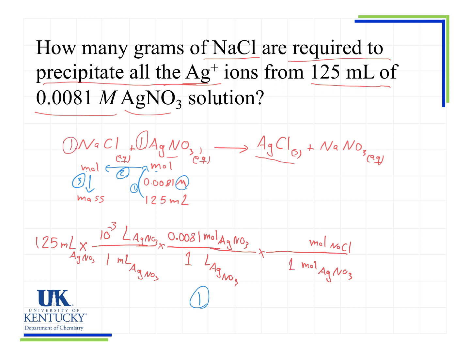So 1 mole of silver nitrate needs 1 mole of sodium chloride. Are we done? No, we need a third step because we need the grams or the mass of NaCl, right? So that was our, not the third, the second step. And the third step is going from mole to mass of sodium chloride.